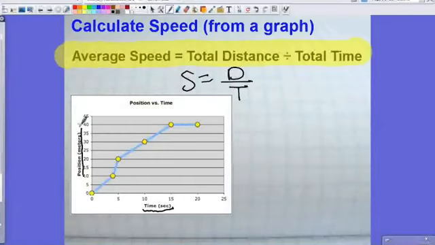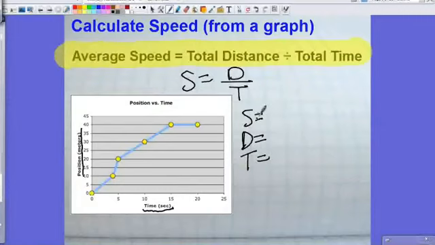So a graph is the same as a word problem. The only thing is you're just not reading anything. For some of you guys, this is really simple because you don't have to read anything. That's awesome. So just like last time, I'm always going to do the setup exactly the same. I'm always going to go S equals, D equals, and T equals.